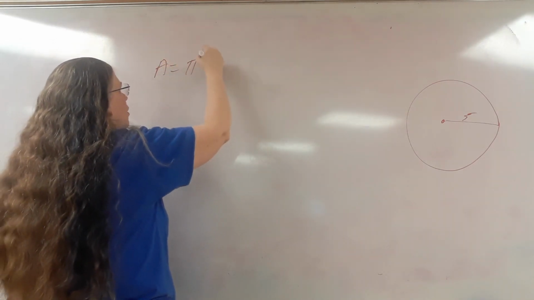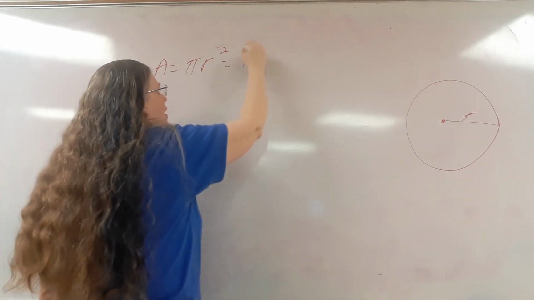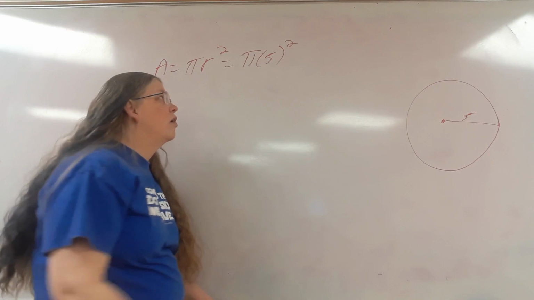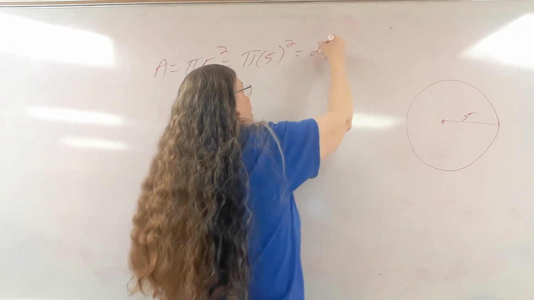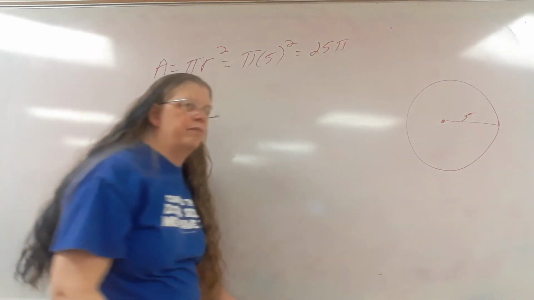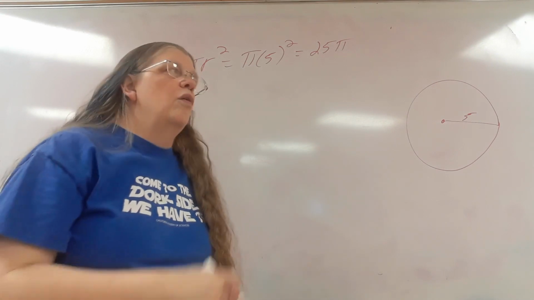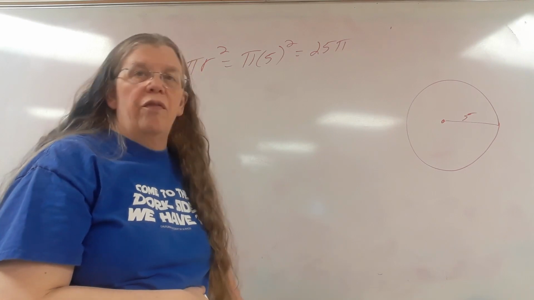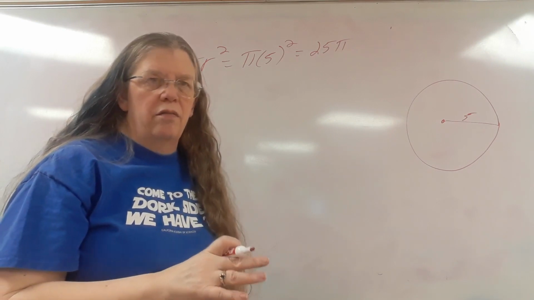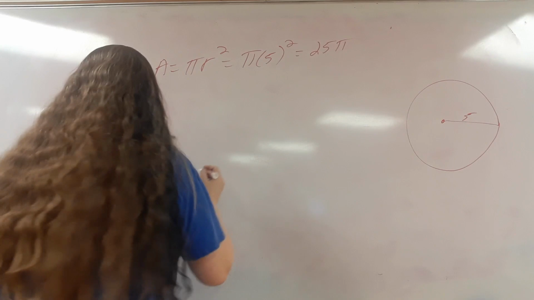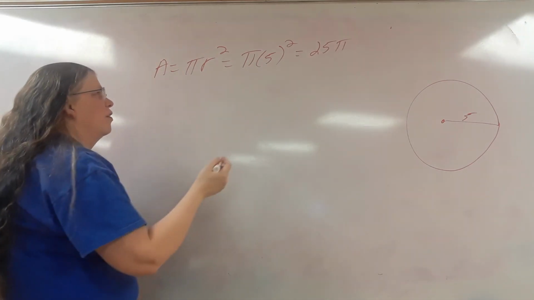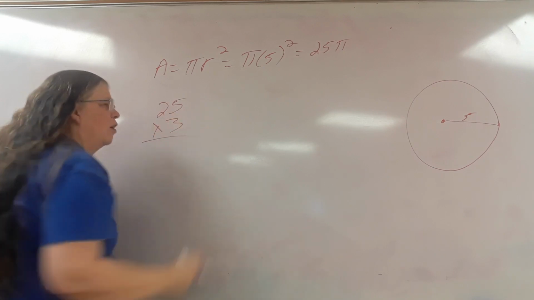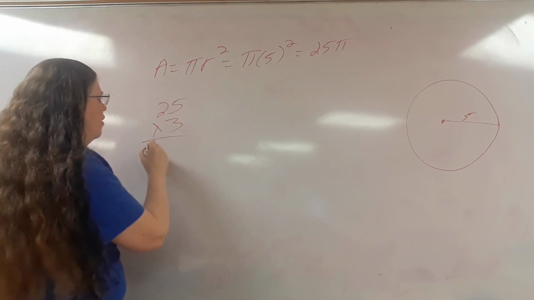Area equals pi r squared. So it's pi times 5 squared. That is 25 times pi. You can multiply this out. However, there are faster ways. First, 25 times 3 is 75.